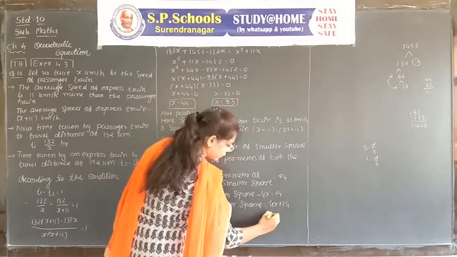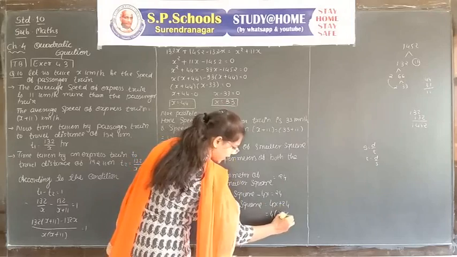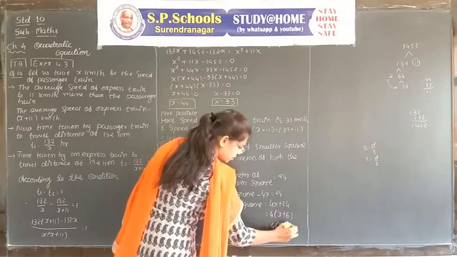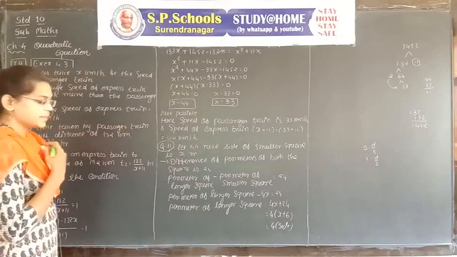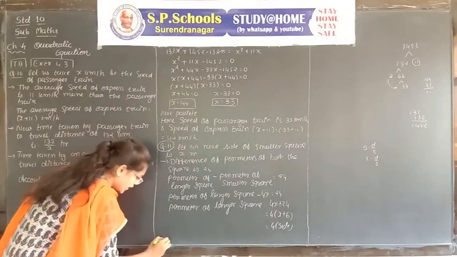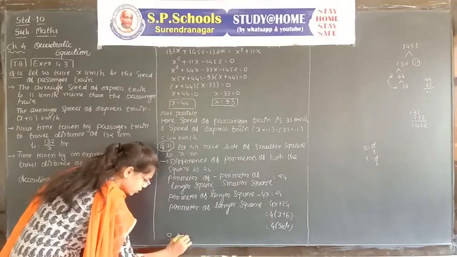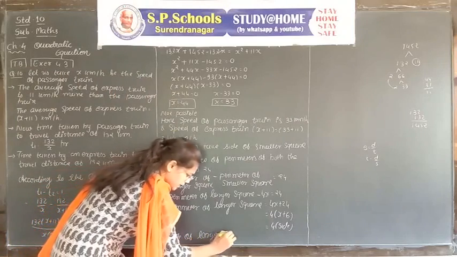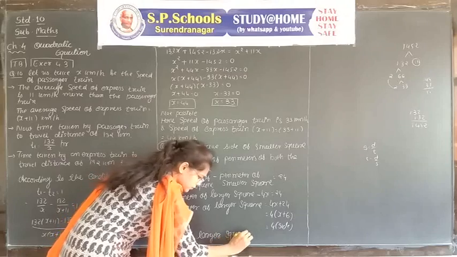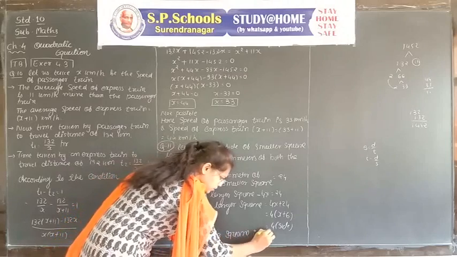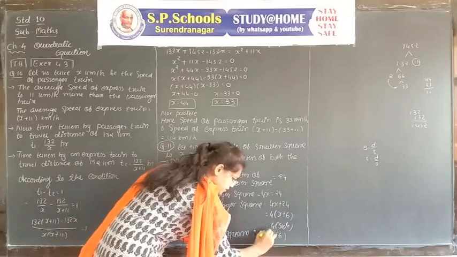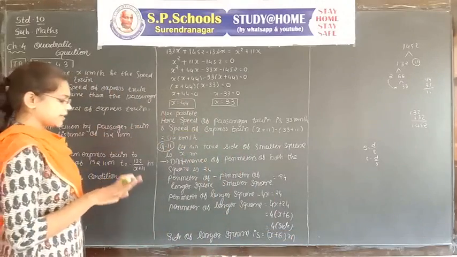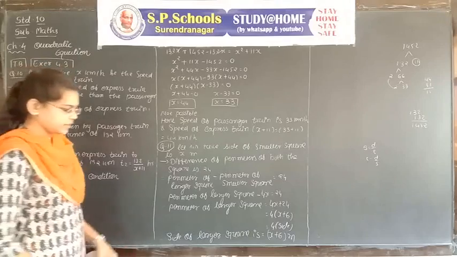Now 4 is common, remaining x plus 6, means 4 into side. 4 into side, x plus 6 gives the side of the larger square. Therefore, side of larger square is equal to x plus 6 meter. The side of the smaller square is x and the side of the larger square is x plus 6.